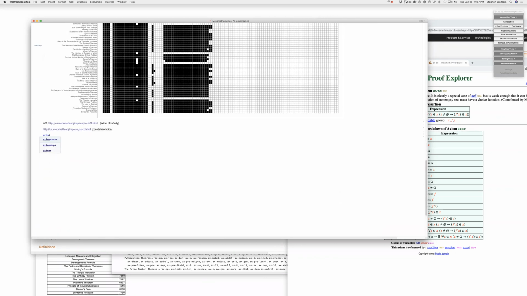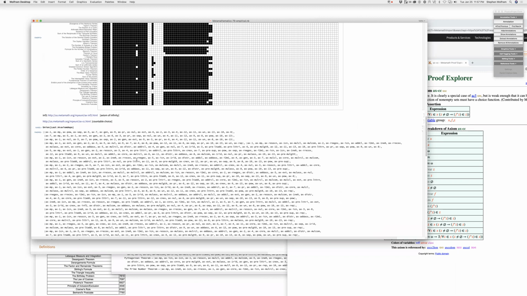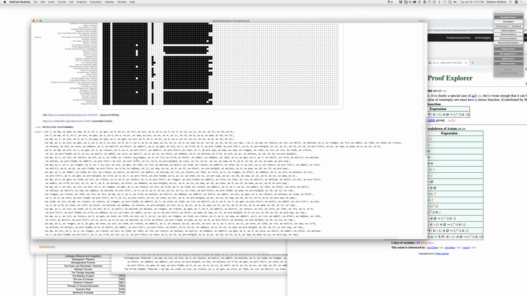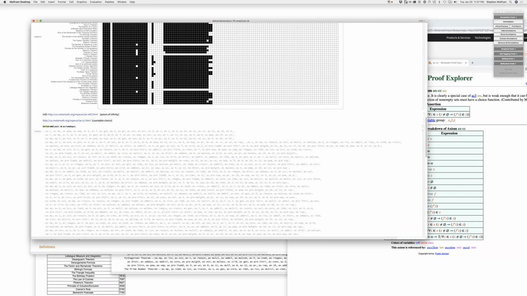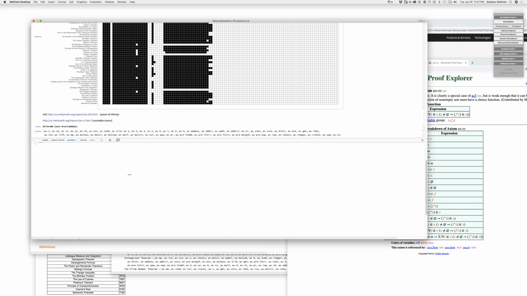We take the union of all of those. Okay, that's the axioms that we ever care about, 49 of them.